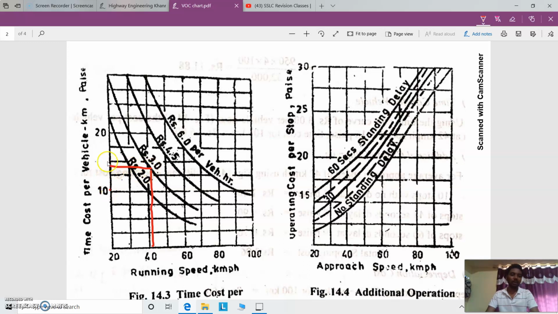Here it is 10, here it is 15, so this is 12.5, then 15, 17.5 and 20. It lies between 12.5 and 15, and it may be measured as about 14 paisa.